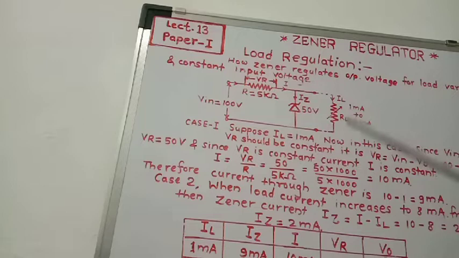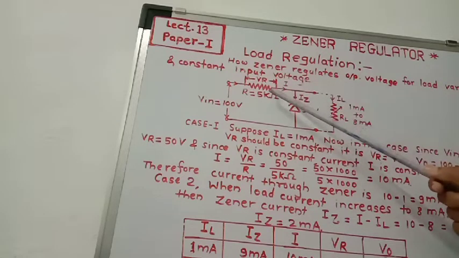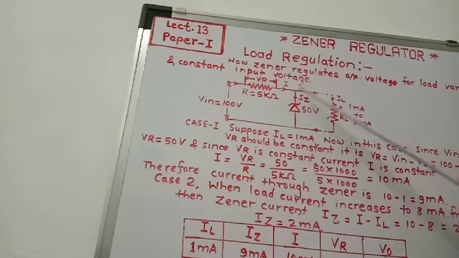Now the load current IL is initially adjusted to 1 milliampere. Therefore, we can easily calculate IZ, because I is equal to IZ plus IL. This current I is divided into these two parallel branches.